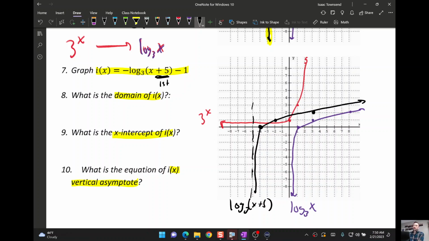Now, my graph's getting kind of busy here, so I'm afraid some of my previous work's going to get in the way because I've still got 2 more transformations to go. So I would personally erase a couple of the previous steps that I don't need anymore. But I guess if you graph the first couple very, very lightly, then that's okay. Okay, the next transformation we would worry about is this negative, and that's going to flip it over the x-axis.